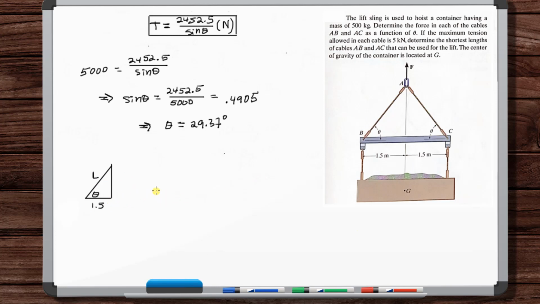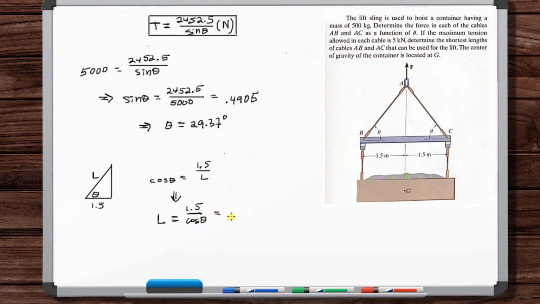Okay, so we can write that cosine of theta is equal to adjacent over hypotenuse. And so solving for L, you get L is 1.5 over cosine theta.